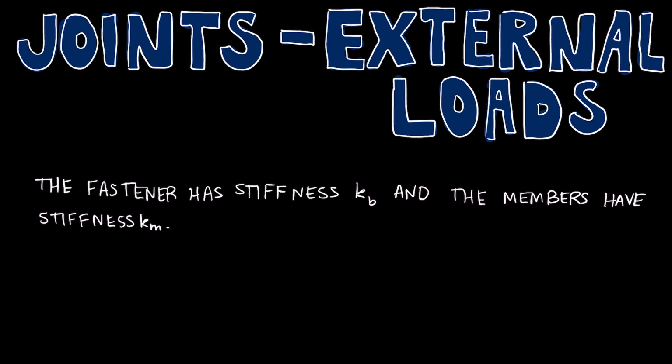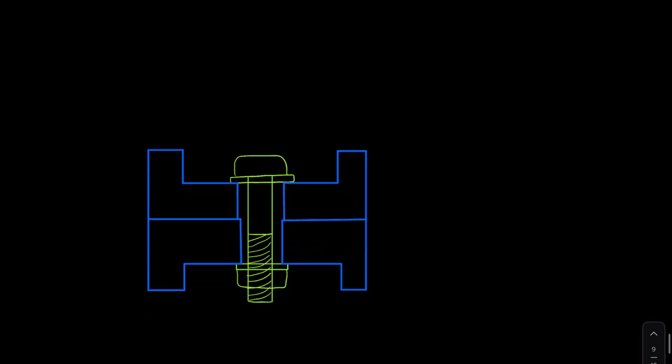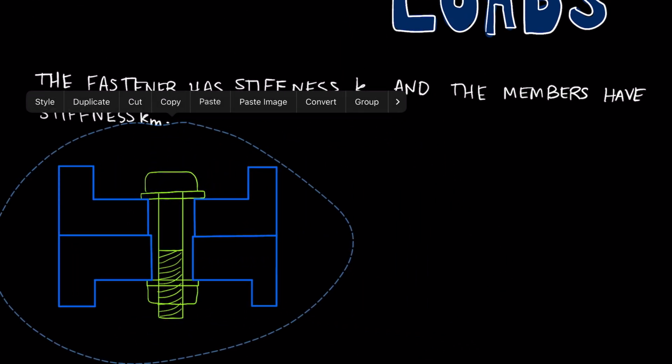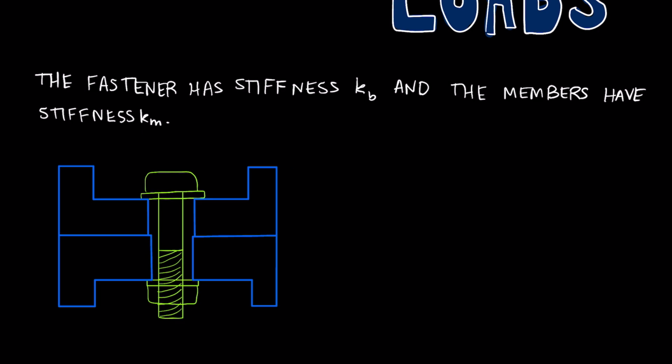Okay, so looking at a diagram of our bolted joint, let's bring this up. What we've done is we've taken this bolted joint and we've replaced it with a model of that bolted joint with 2 springs.